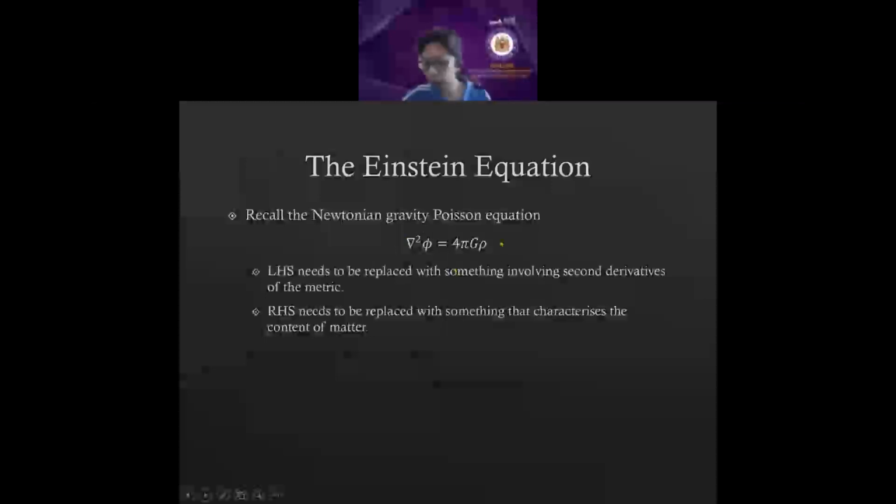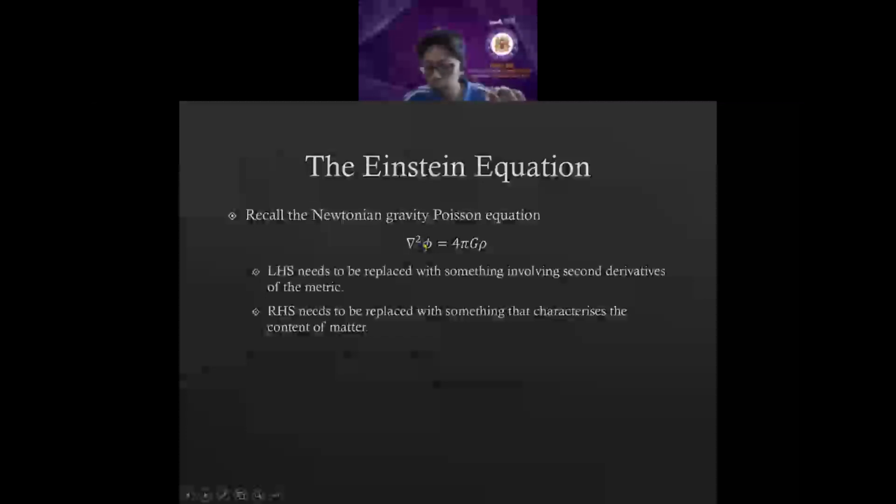Just by looking at this equation, we can see that if we are to generalize it to something in terms of objects in curved spacetime, on the left hand side we have second derivatives of the gravitational potential.